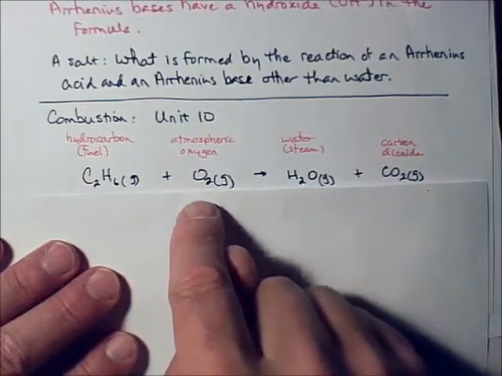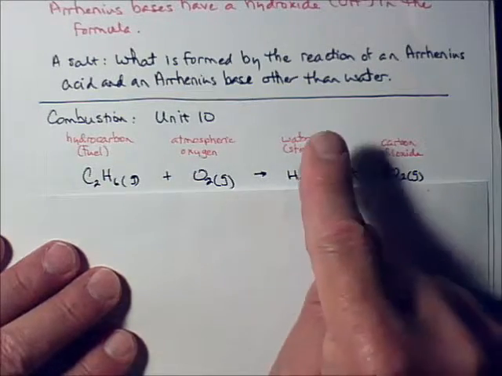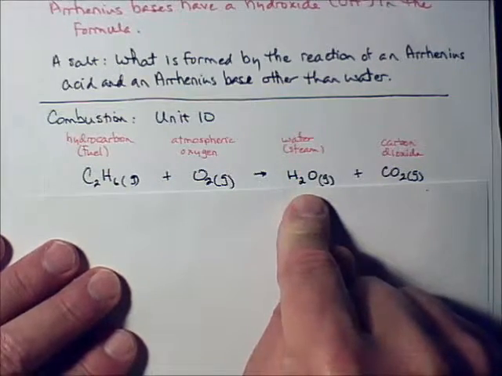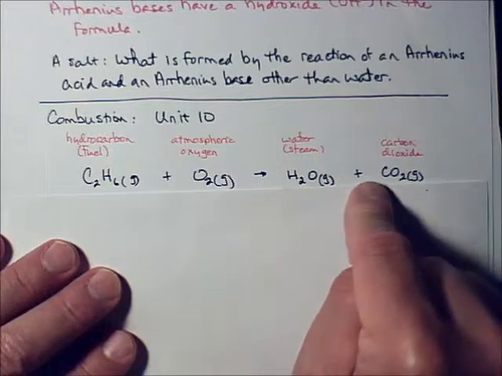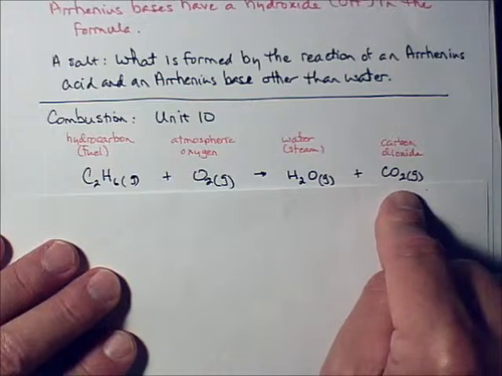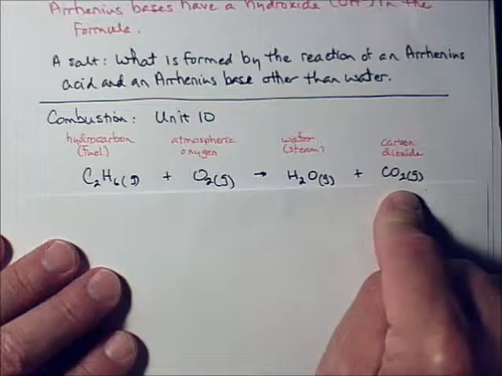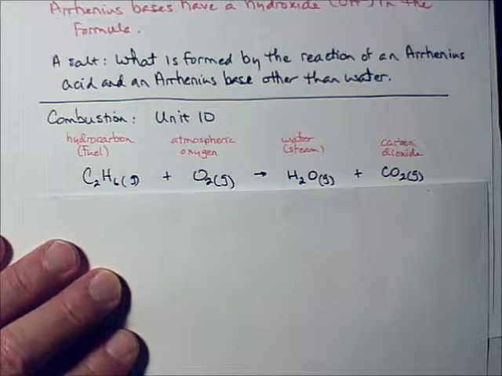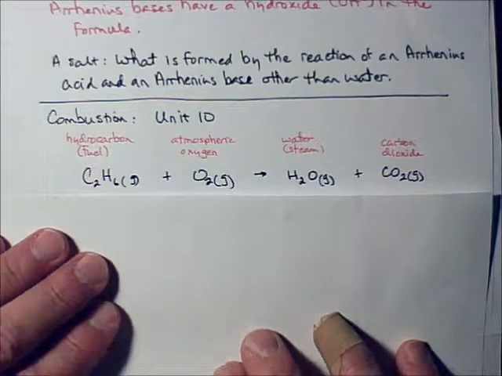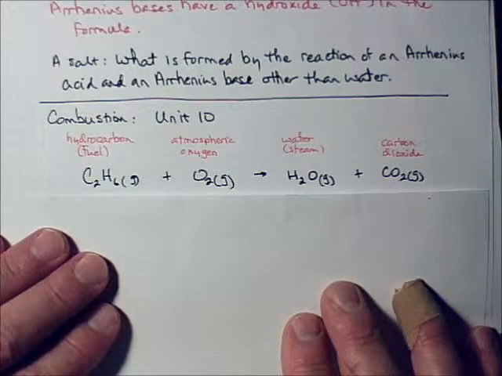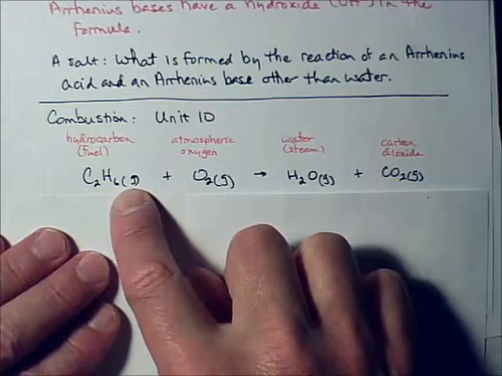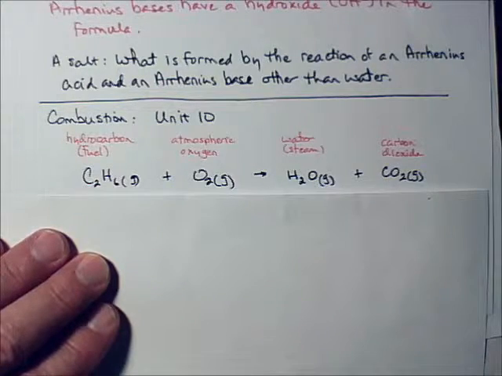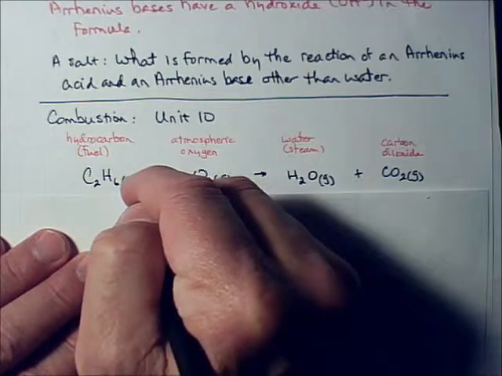So a hydrocarbon fuel reacted with atmospheric oxygen, producing water, and because of the heat, it'll be steam, a gas. It'll produce water and carbon dioxide. All these are G's, gas. These are all gases.